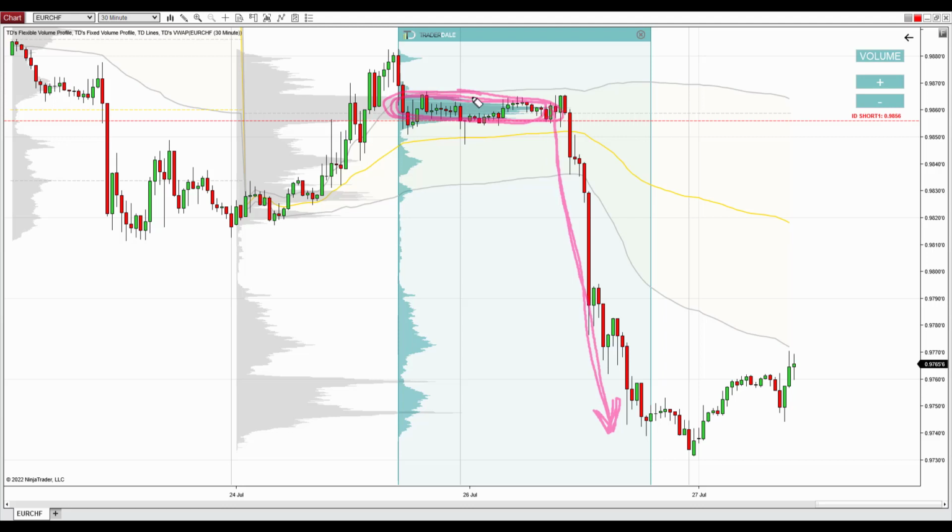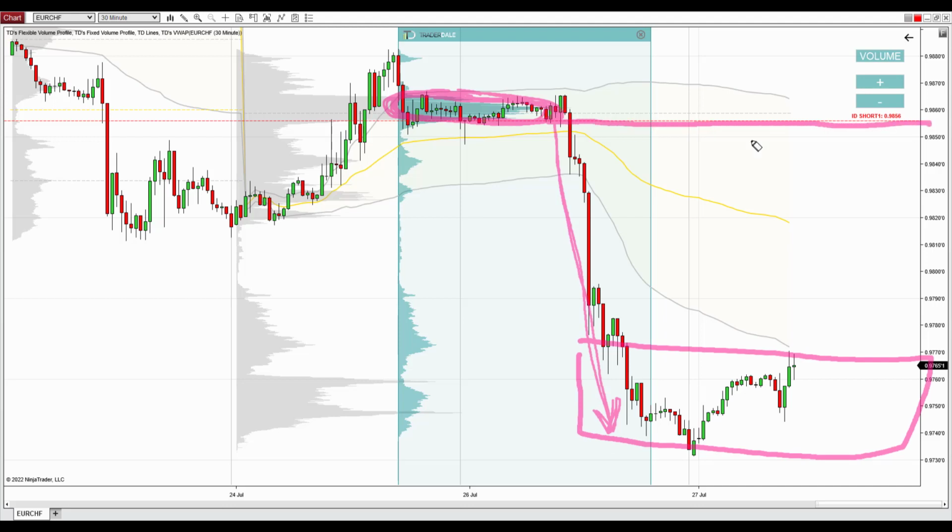So now we know that big institutional traders placed their shorts in here, and even though the price is currently right there, this remains a strong resistance, right? That heavy volume zone begins at 0.9856. That's the resistance.